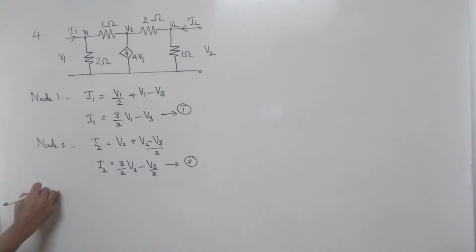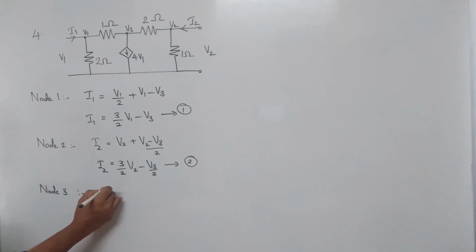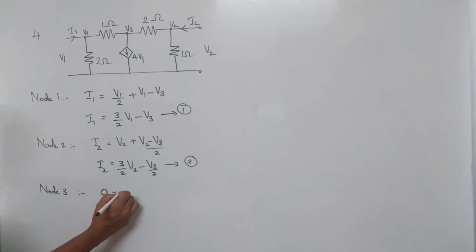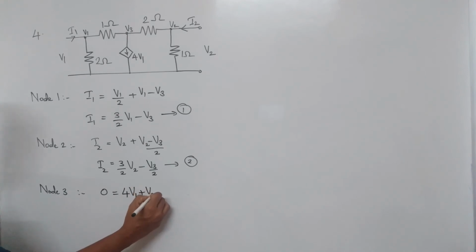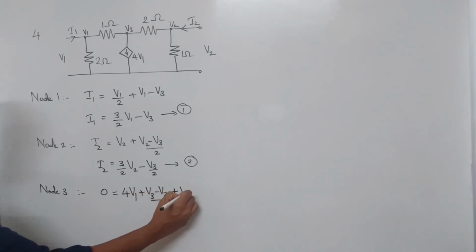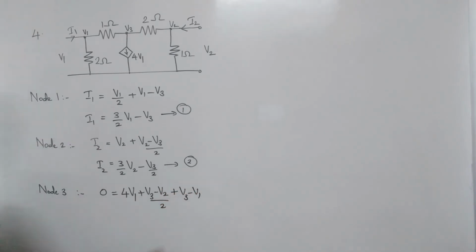Now we can apply node analysis on node 3. There is nothing entering, so 0 equal to 4V1 plus V3 minus V2 by 2 plus V3 minus V1 by 1.